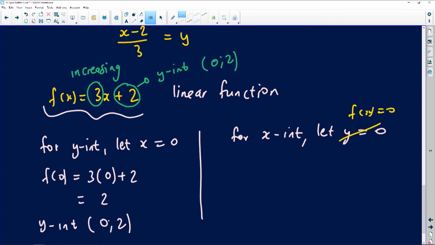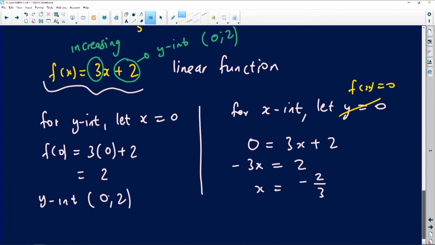Where it says f of x, I'm putting 0. I've got 3x plus 2, and I'm now going to solve for x. If I subtract 3x on both sides, I'm going to get negative 3x is 2. If you divide by negative 3, you're going to get x is negative 2 over 3. Like I said, get used to putting it in point form. Therefore, the x-intercept of this graph is going to be (negative 2 over 3, 0). Very powerful.